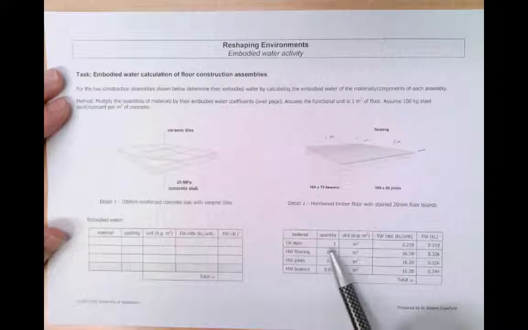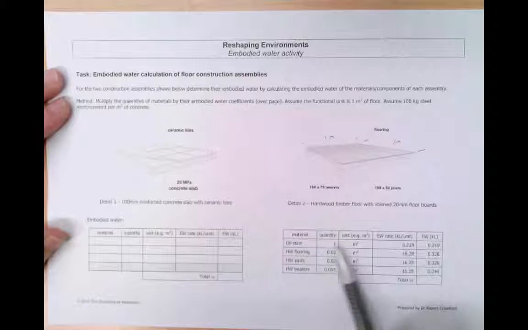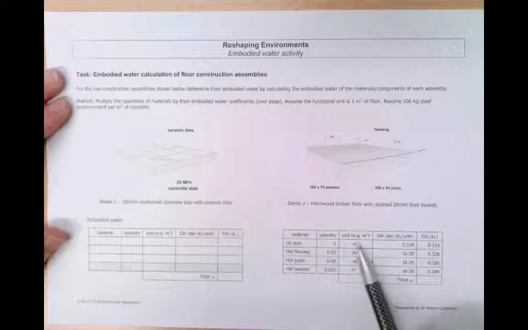Now, in this type of calculation in the construction industry, materials that are put on in thin coats or are not defined by their thickness would generally be quoted in square metres. So for example, oil stain, we don't try and work out the thickness of the stain, we just quote it in square metres.